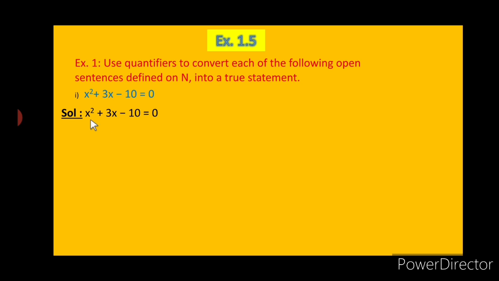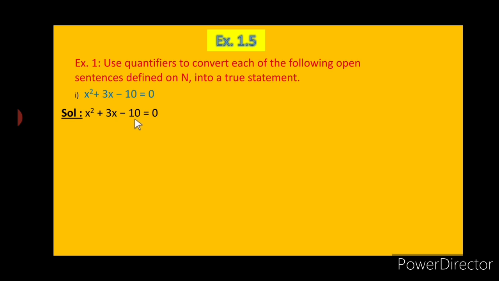Now, first we have to find a value of x. For that, we need to find the factors of this given equation. Now, how do we find the factors of the quadratic equation? We have to split this middle term, right? We will split this middle term into two terms such that the product of the numbers will be equal to this last term and the difference will be equal to the middle term.